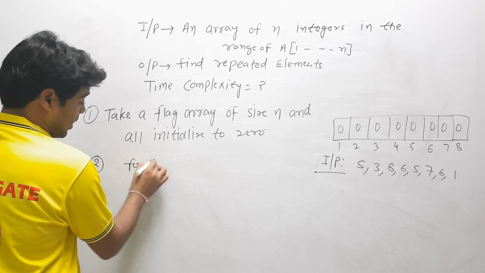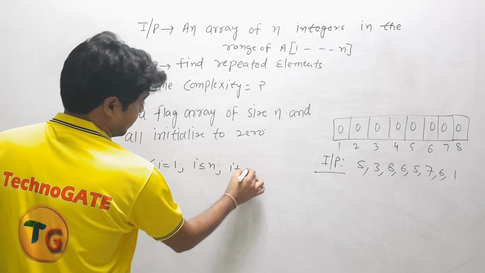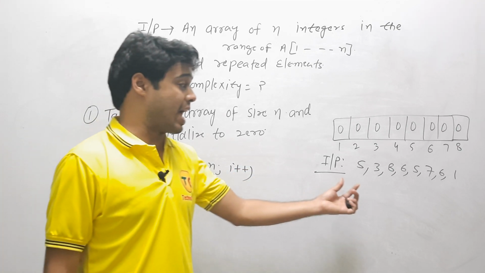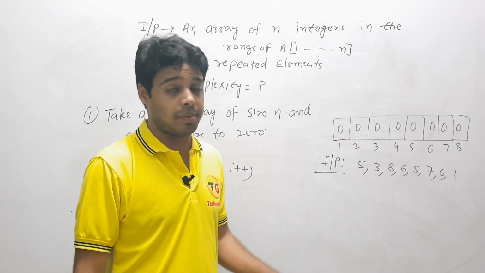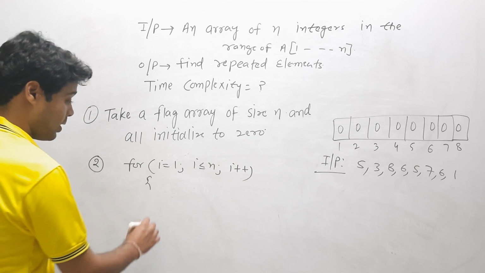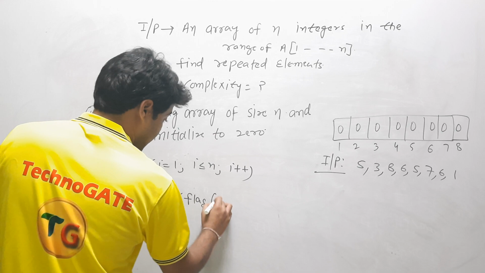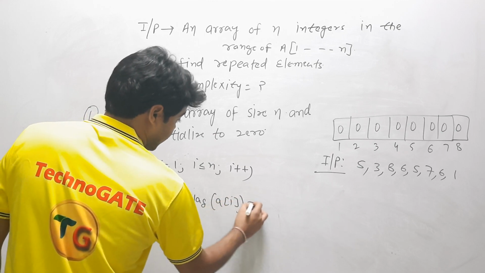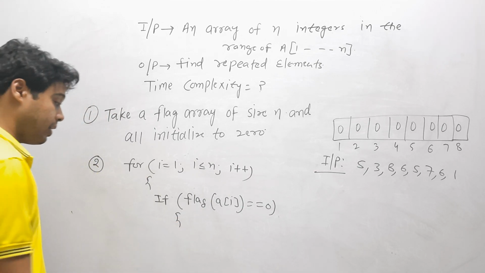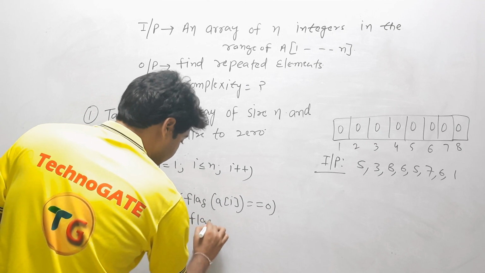Now take a for loop, i is 1 to n. First of all, check the flag value of that element. If the flag value is 0, it means it comes the first time, then make it 1.